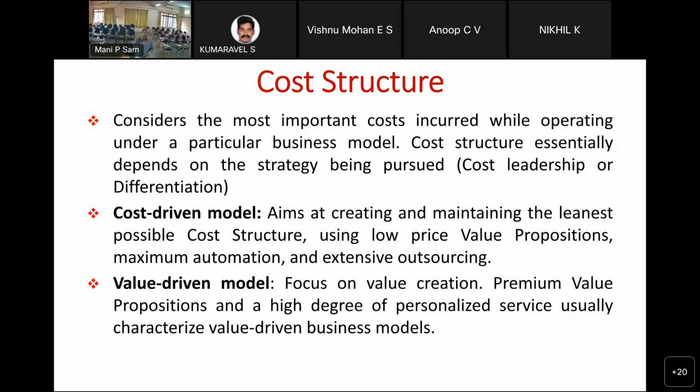So please look at the cost structure of your business in line with the strategy you are pursuing. It cannot be decided independently. It has to be determined and decided based on the strategy. Strategy drives the cost structure.